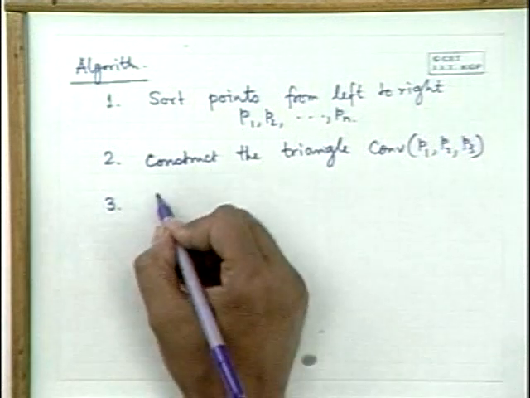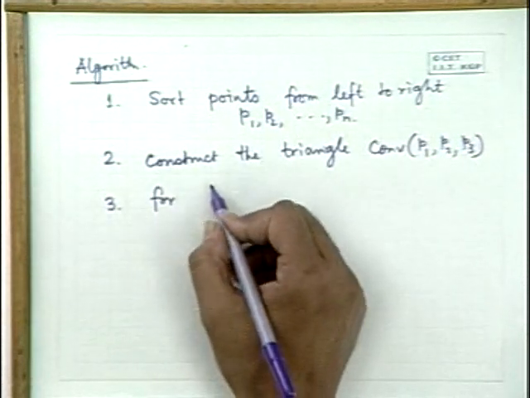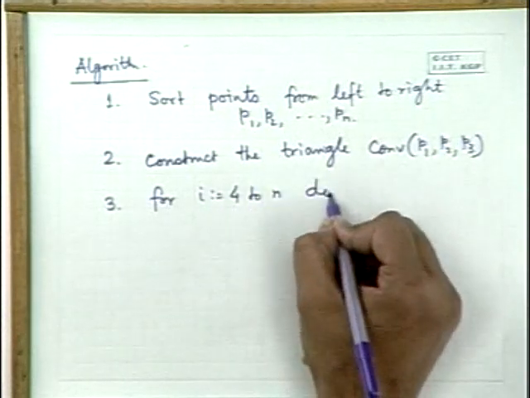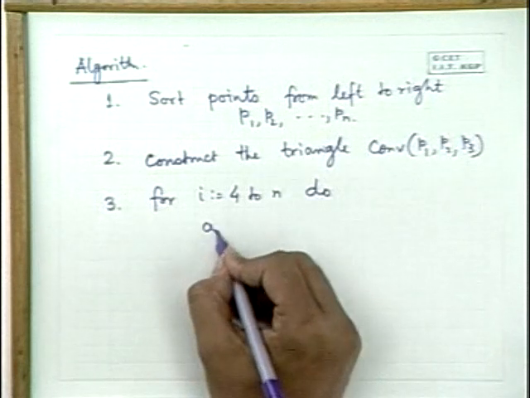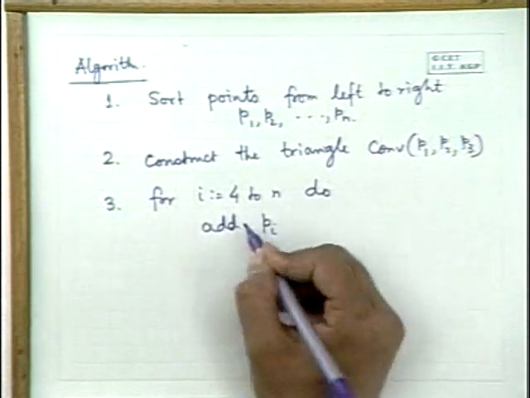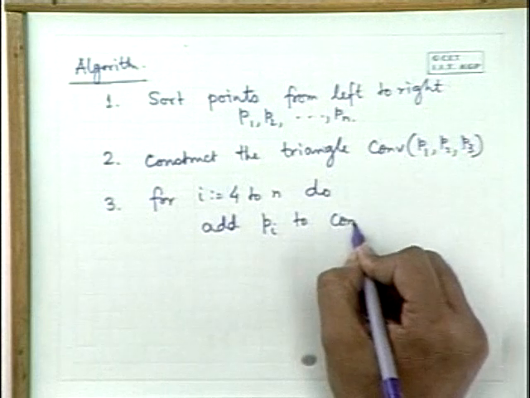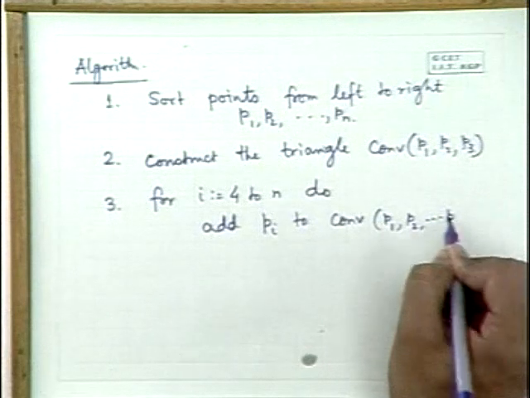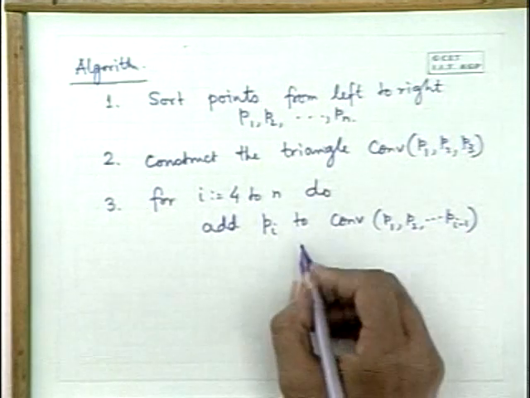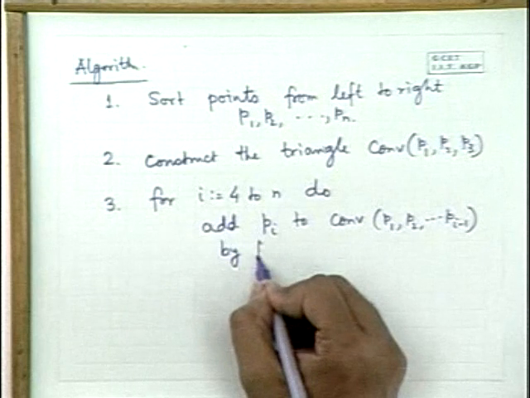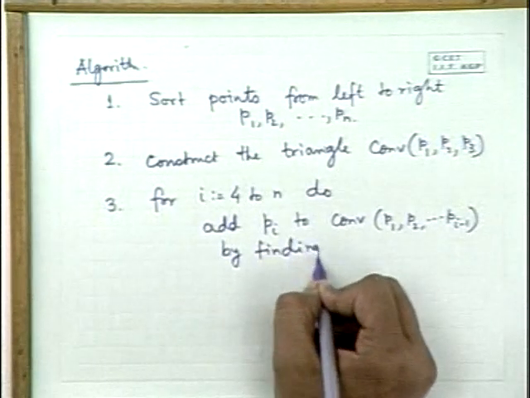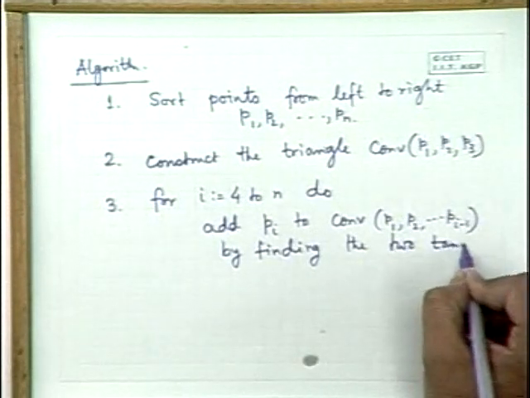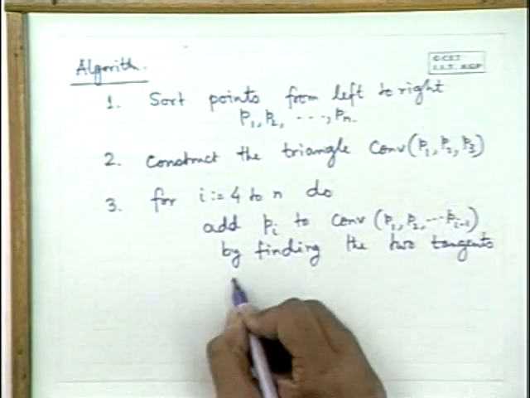Then the third step, this is the for loop. For i going from 4 to n, do: add pi to conv P1, P2, up to pi minus 1 by finding the two tangents from pi.